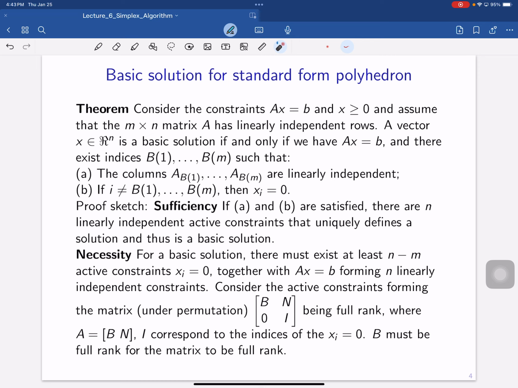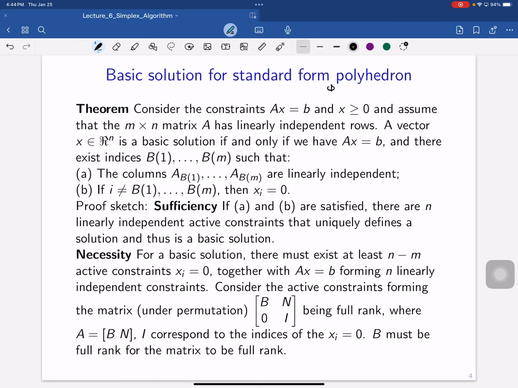Right? In other words, if you are going to pick n linearly independent constraints, you can write those active constraint matrix in this form. Okay, so the B are the columns you pick from the A matrix, and this identity matrix corresponds to the xi's you set to 0. Okay, so in other words, the constraints we picked would be two parts, right?